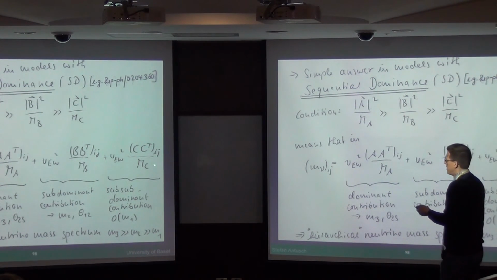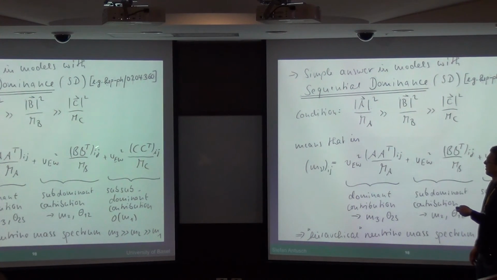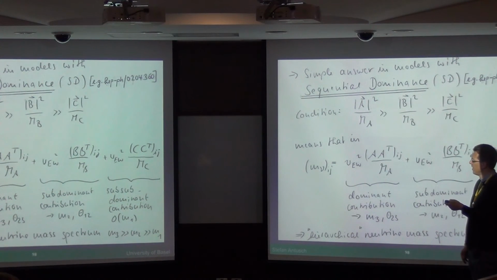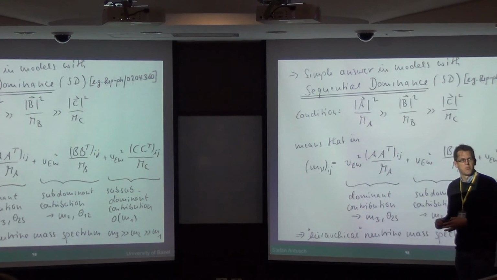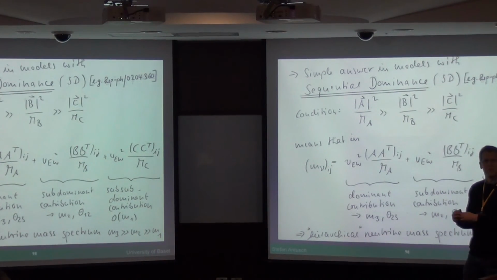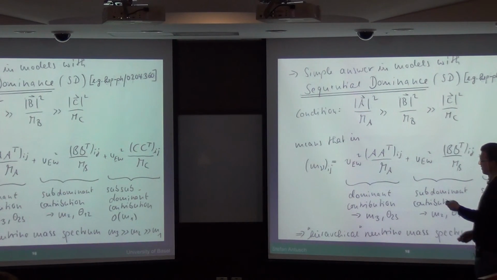So in this sense you have some organizing principle between these three contributions. And if this condition is satisfied, then you have the conditions for so-called sequential dominance. This will automatically also give you a hierarchical neutrino spectrum. So this is not absolutely necessary, you can have situations where this is not satisfied, but it makes it quite easy, if these conditions are given, to understand how the large mixing is generated.